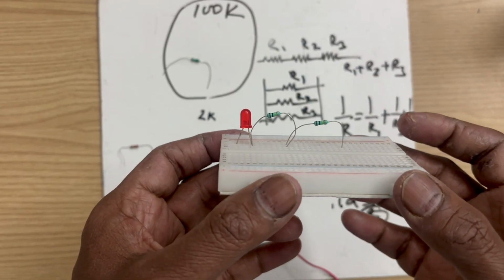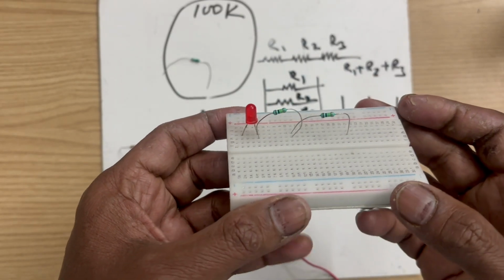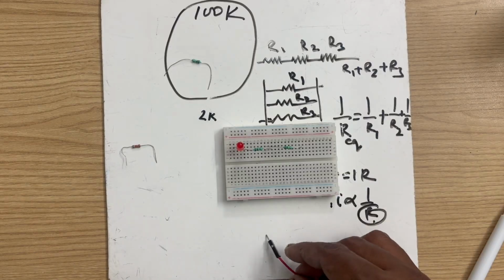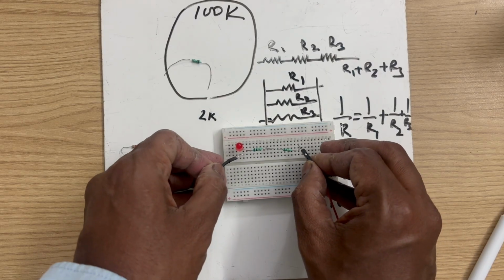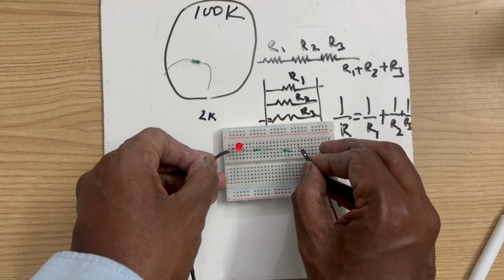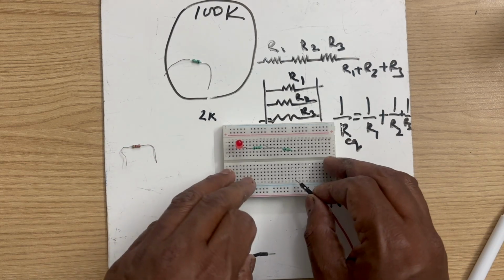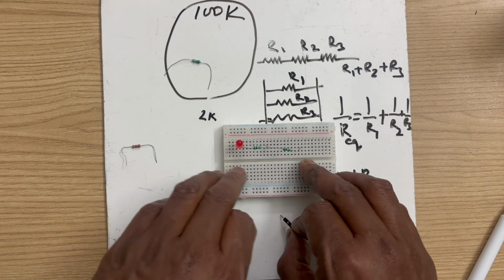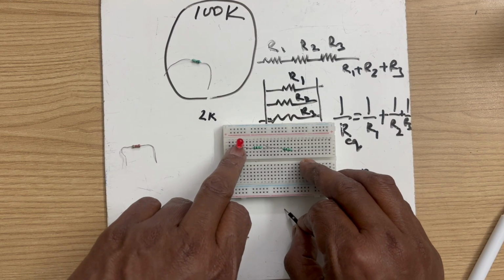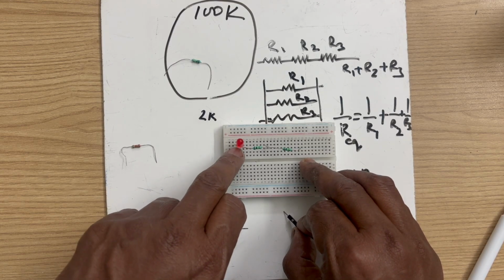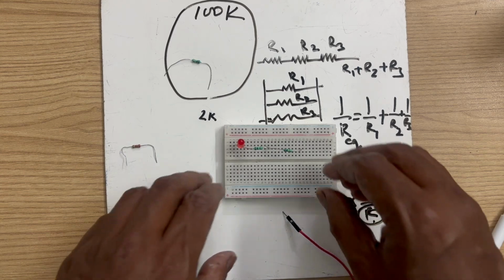So the resistance is more, so the LED should glow less. Let's see. So the LED is not so intense. If you increase the resistances, the LED will dim because the current is less.